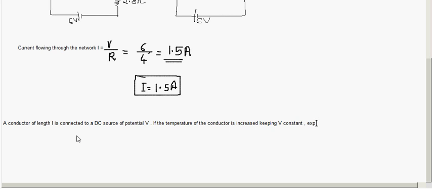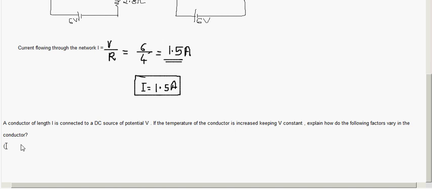A conductor of length L is connected to a DC source of potential V. If the temperature of the conductor is increased, keeping V constant, explain how do the following factors vary in the conductor.